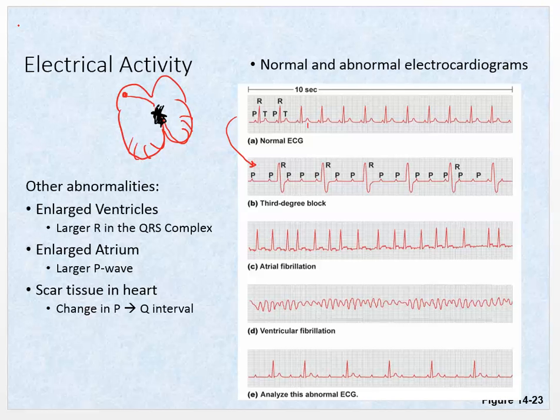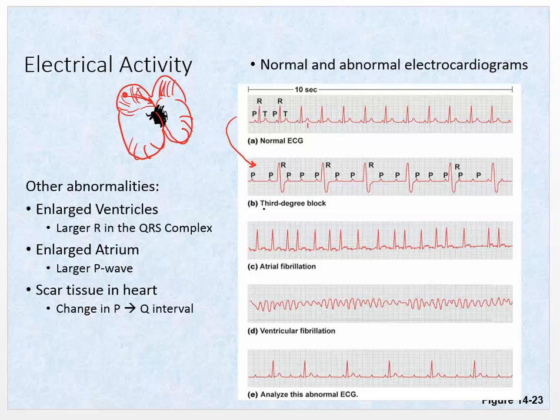So here's the SA node saying depolarize, depolarize, and they're doing it every time. It's working just fine. But when it tries to send that signal, remember, the only way that signal can get through to the ventricles is through this area. If this is damaged and you have a block, then you have no way to get that signal through there. That's what this is showing.